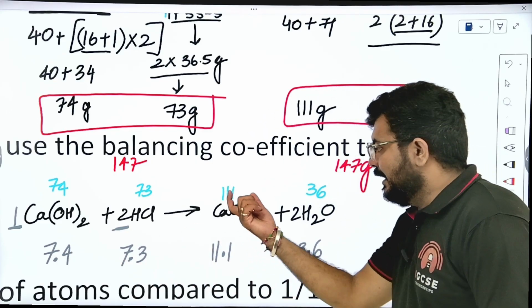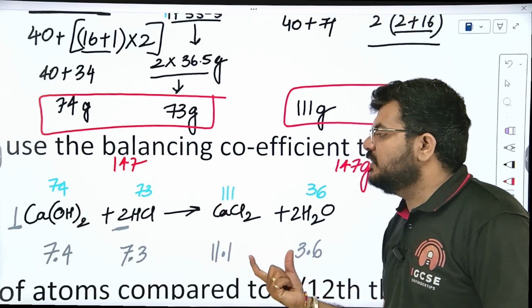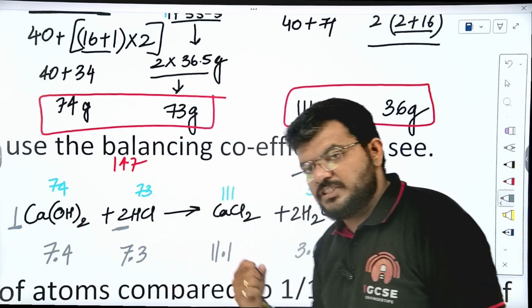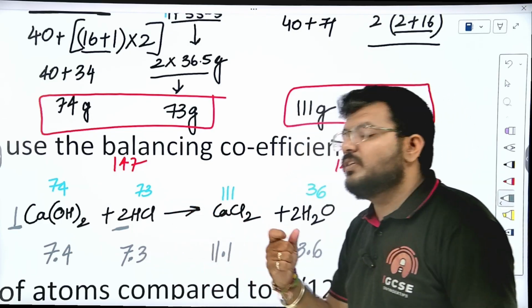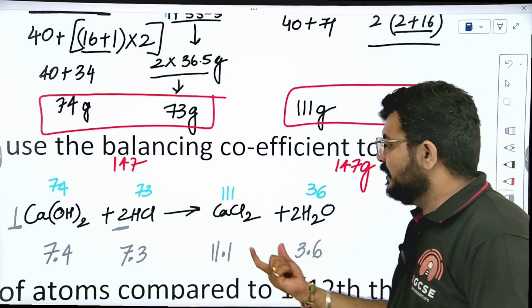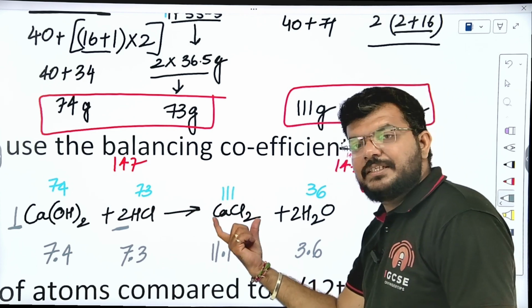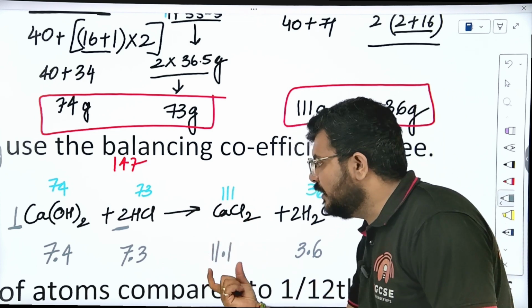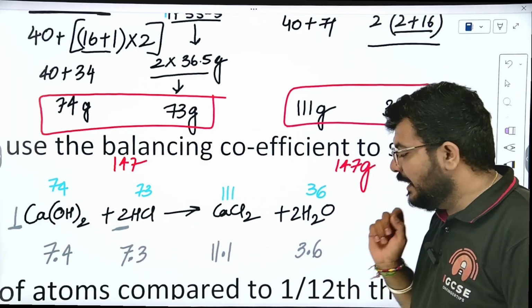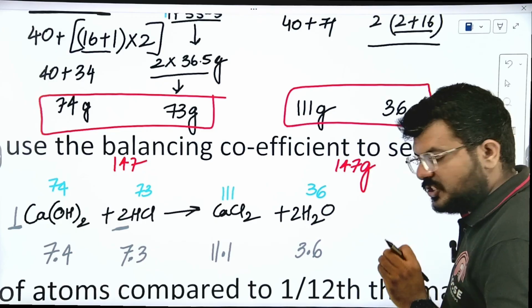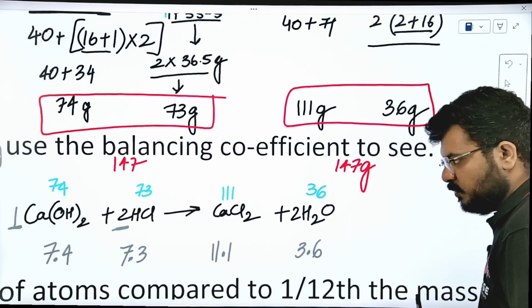Now, if this is one part of calcium chloride I get from one part of calcium hydroxide, or one part of calcium chloride that I get from 2 parts of hydrochloric acid, then I will always get 0.1 part if I use 0.2 of that, or if I use 0.1 of that, right? I hope that is understandable to you, and the same goes with water.